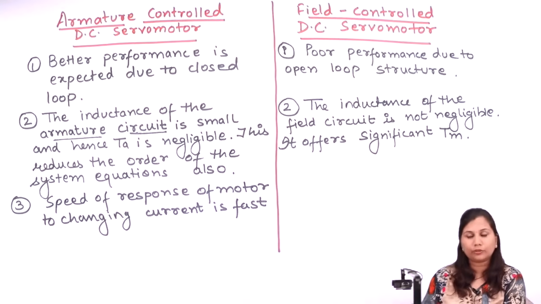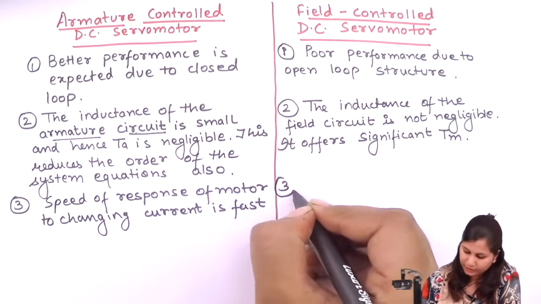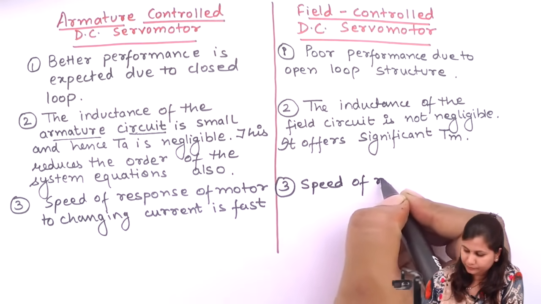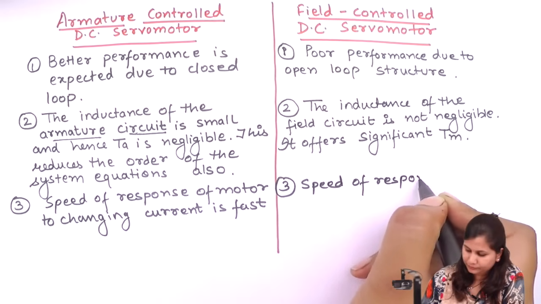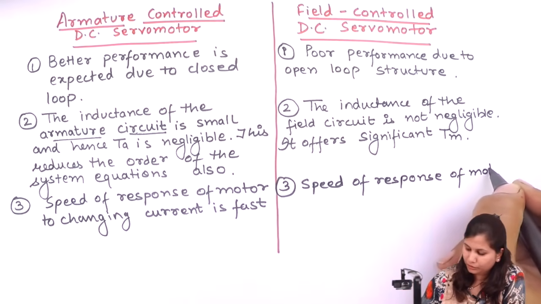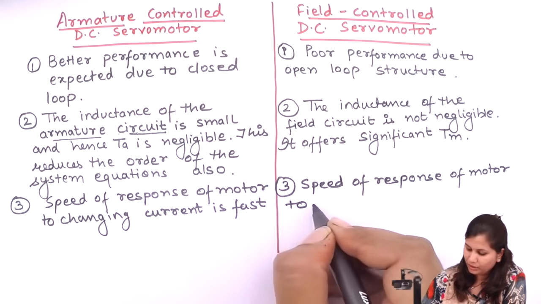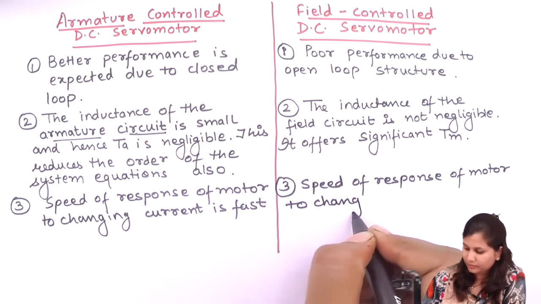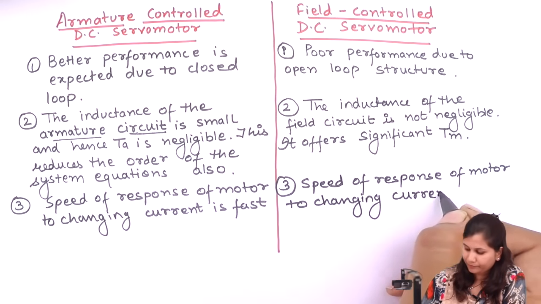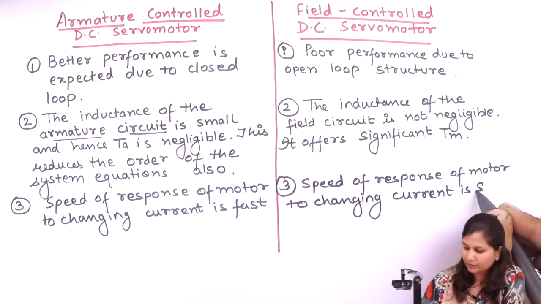Whereas in the field control DC servo motor, the speed of response of the motor to changing current is slow.